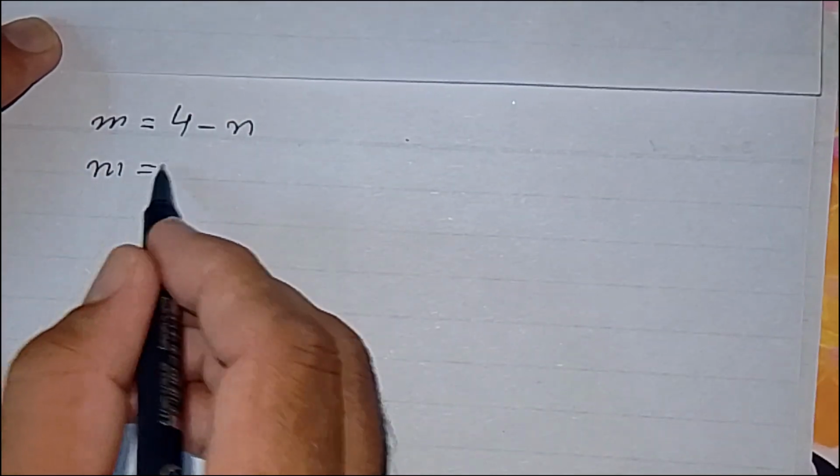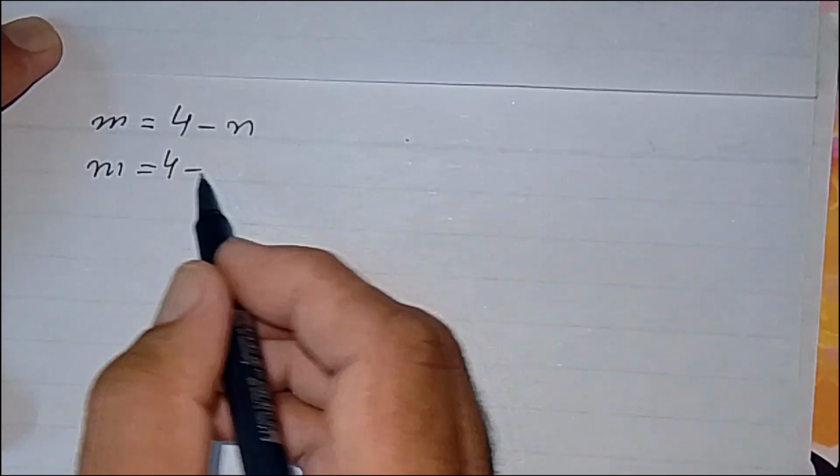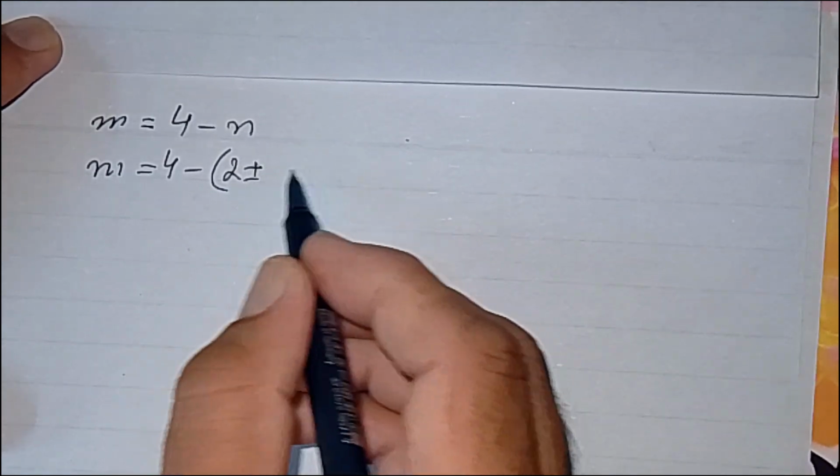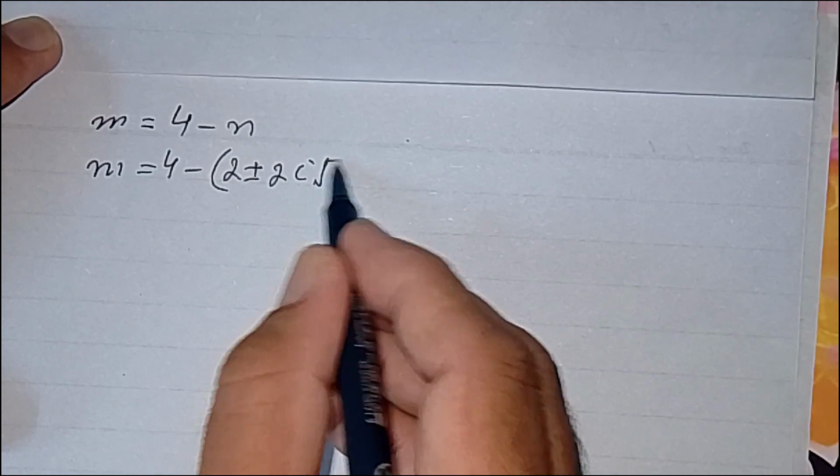M is equal to 4 minus, putting here the value of n, 2 plus minus 2 iota under root 7.